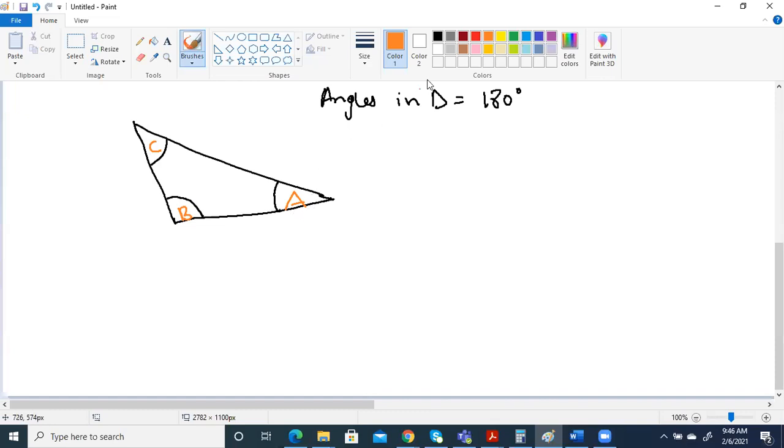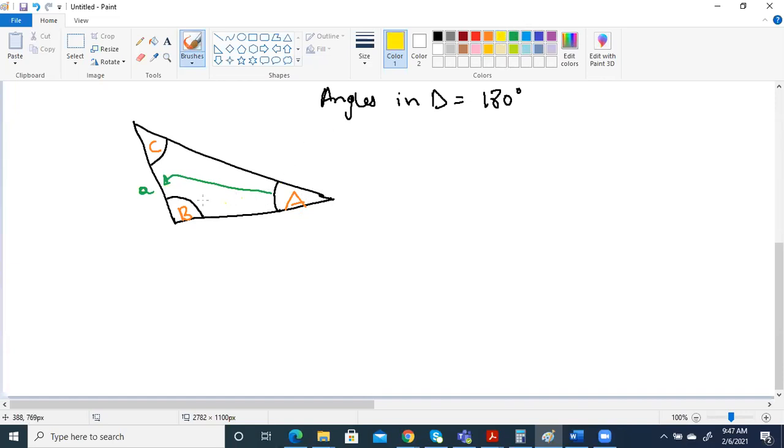What is important is that we realize something about A, B, C. When it comes to the sine and the cosine rule, we are interested in the side opposite to it. So the side opposite to angle A, which I have put in here, I'm going to just call that little a, common letter A, yes?